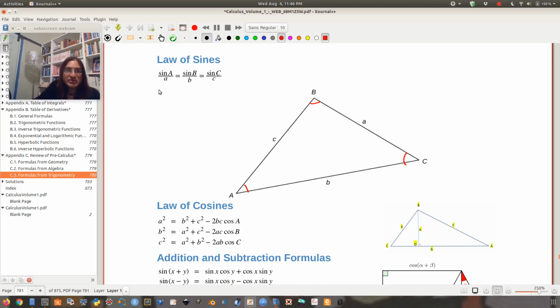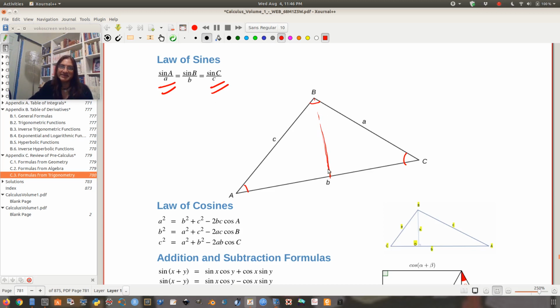So let's prove sine A over a is sine C over c. Similarly, we can then show that one of these is equal to this, and we would have the law of sines. So from this point, you draw a vertical line down like this.